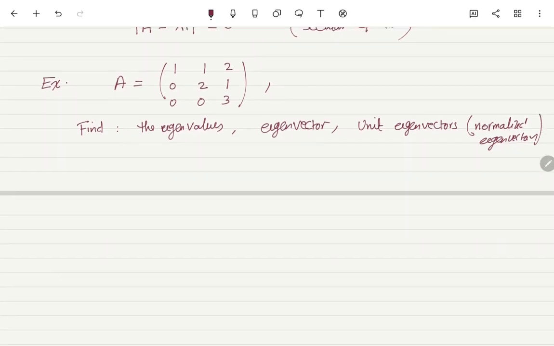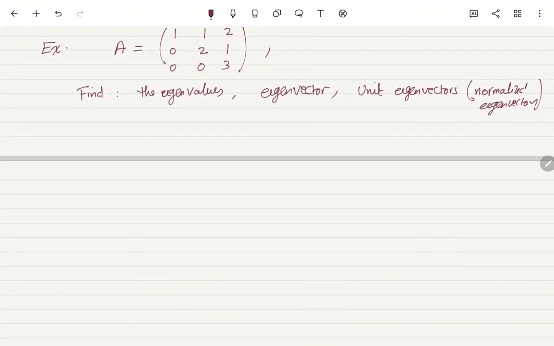So let's start with calculating the characteristic equation or secular equation. So this is A minus lambda: 1 minus lambda, 1, 2, 0, 2 minus lambda, 1, 0, 0, 3 minus lambda, this whole thing equal to 0. Remember, let's pick the first column because it contains more zeros.